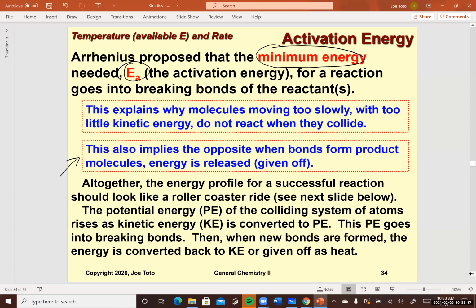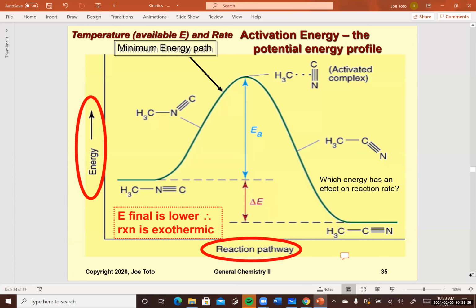So he's thinking about this, and he wants to come up with a picture to understand it. He proposes something like this: a potential energy surface, a plot of the energy of a reaction and how that energy changes as the reaction takes place.